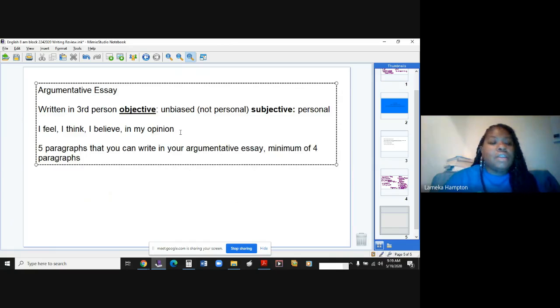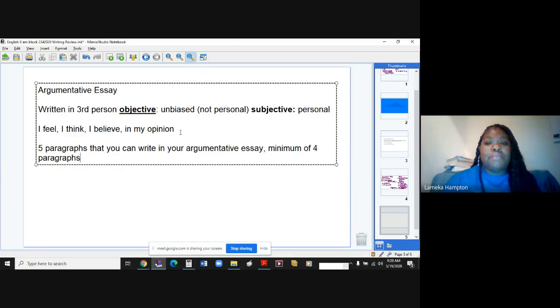So I put the 5 paragraphs that you can write in your argumentative essay, minimum of 4. Meaning, again, depending on what kind of topic you have or what type of essay, more than likely it will be the argumentative essay on your GED English exam. But again, it depends on the formatting of the question, and it just depends on a lot of other factors.